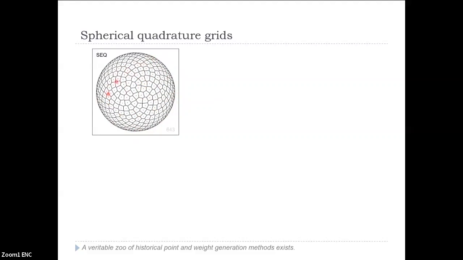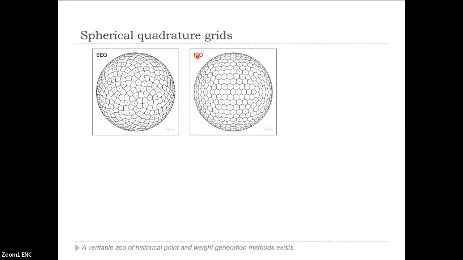So many grids have been proposed over the years, literally dozens. This is a Fibonacci grid, where the angular positions of these points are parts of the Fibonacci sequence. You could take an icosahedron and subdivide its faces to get an icosahedral grid in this case.